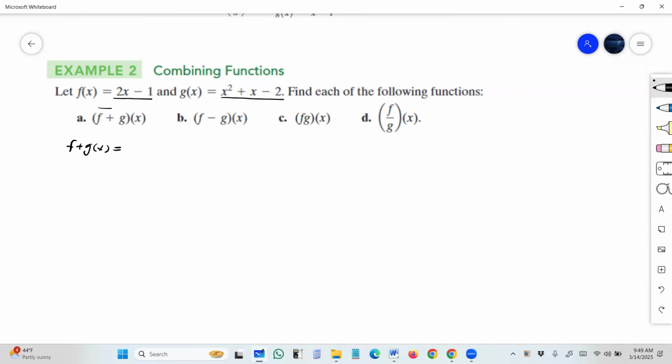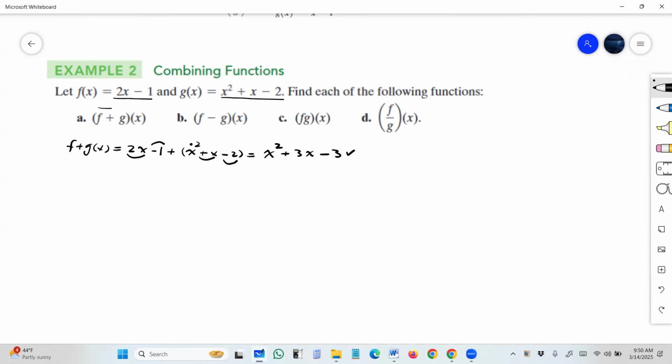So I write the f function, I write the g function, and then I just add them, right? So the x squared component is unique. There is no like term to that. I have 2x plus x, and I have the minus 1 plus the minus 2, which is minus 3.